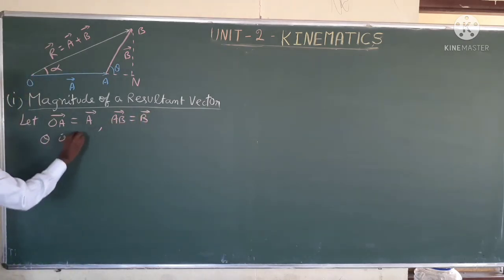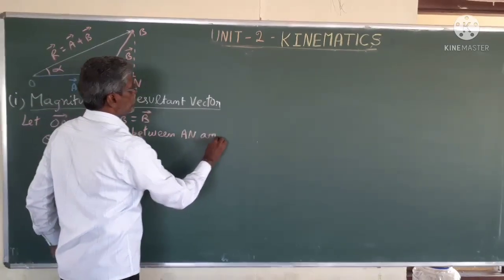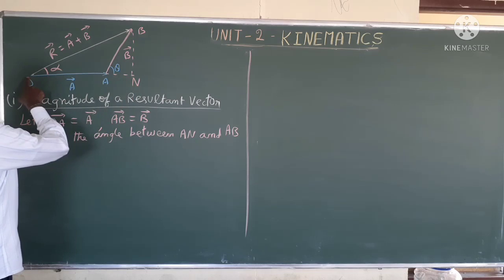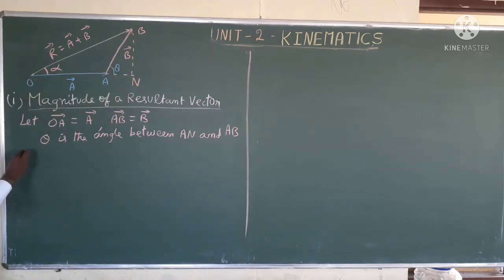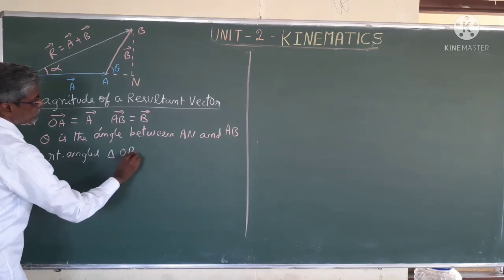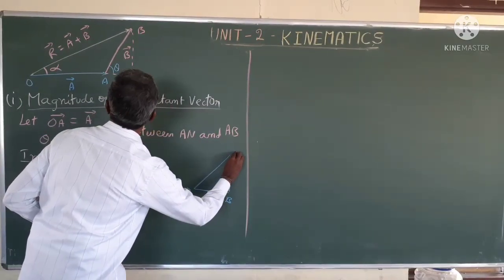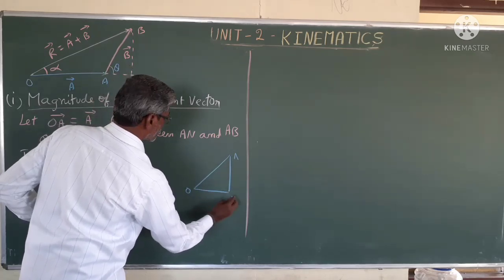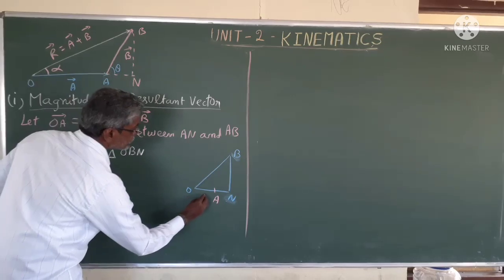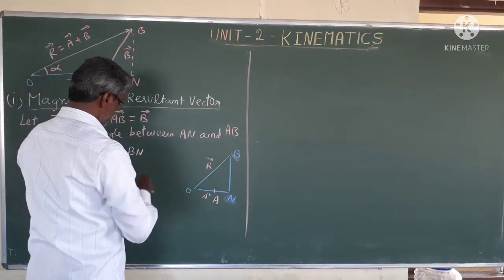And theta is the angle between AN and AB. Now, in right angle triangle OBN.